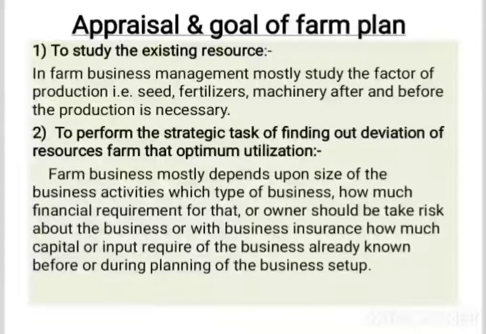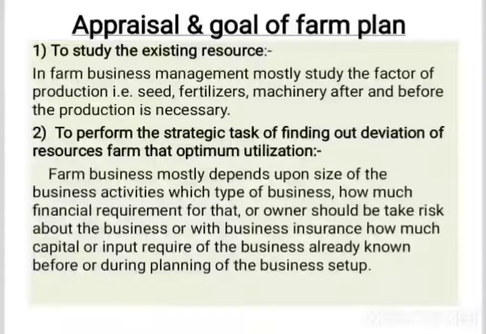The farm business mostly depends upon the size of the business activities, which type of business, how much financial requirement for each kind of business, whether the owner should take the risk about the business, and with business insurance, how much capital or input is required. This is already known before or during planning of the business setup.